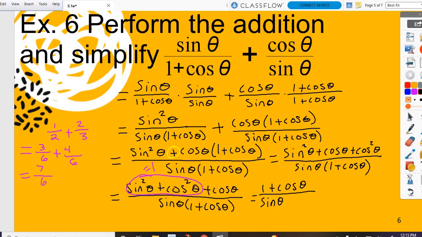Now we can reduce our 1 plus cosines. So my 1 plus cosines reduce. And we have 1 divided by sine of theta, which is also cosecant of theta, and that's our final answer.